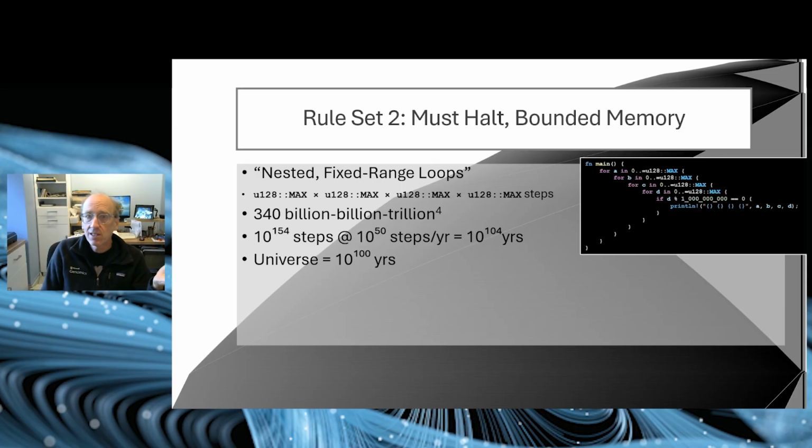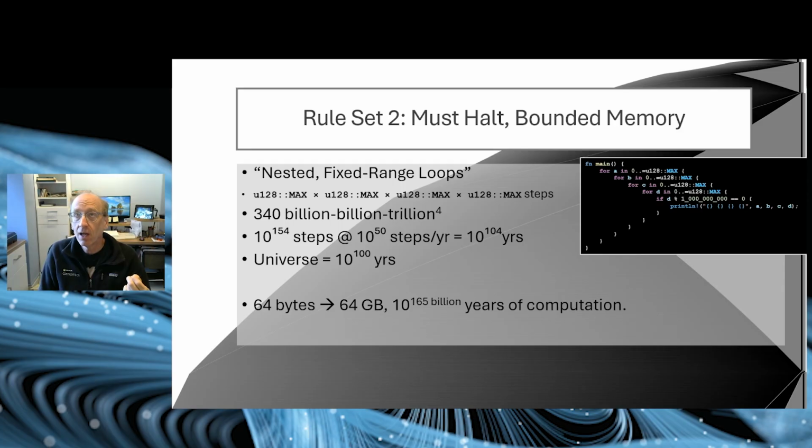So scientists think that our universe will be around for about another 10 to the 100 years. We put those two together and we see that we've got a program that will run 10,000 times longer than the length of the universe.